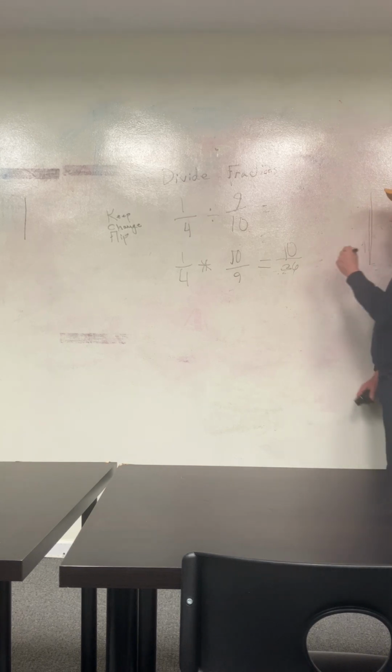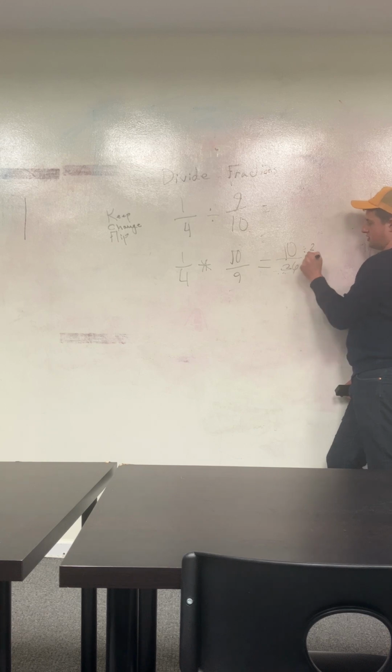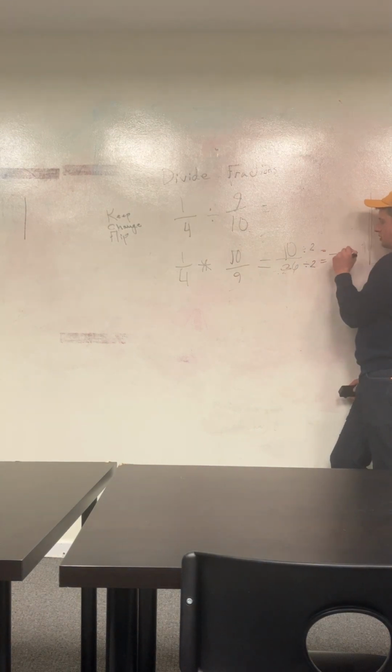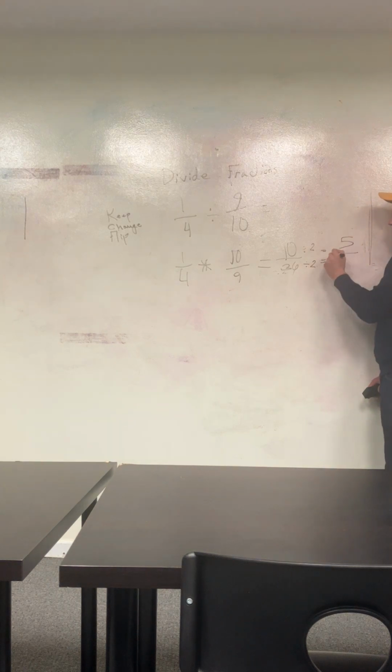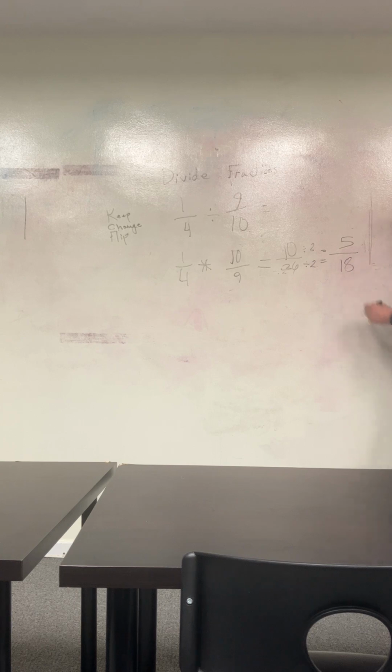They're both even numbers. Divided by 2 is 5/18. You can't simplify this any more than that because the only thing 5 divides into is 5. 18 doesn't divide by 5.